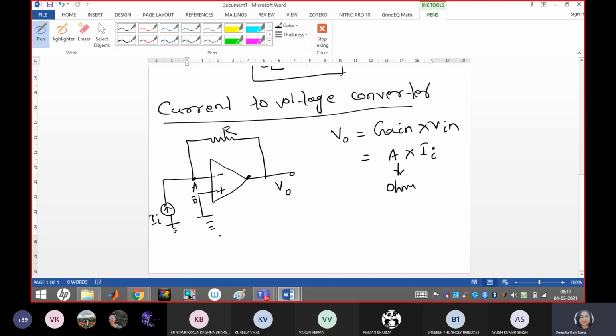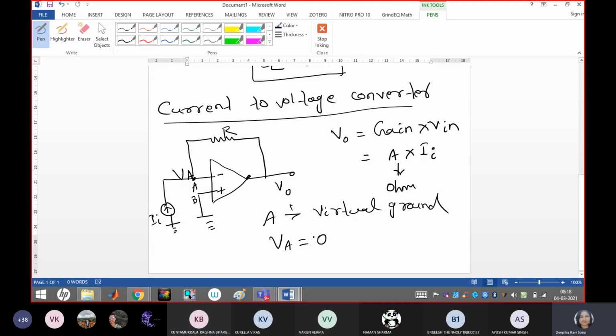Now if we analyze the circuit, this node A is at virtual ground. Yes or no? So if the applied voltage at node A is VA, what should be the value of VA, if A is at virtual ground? 0.